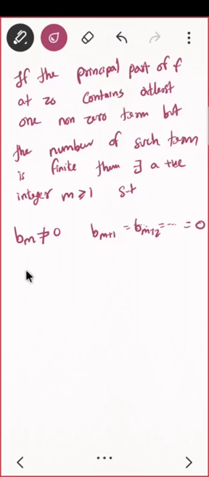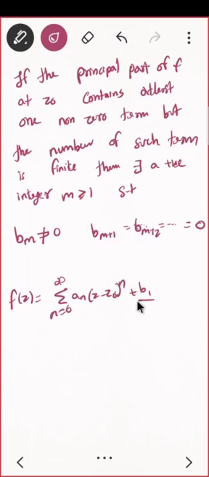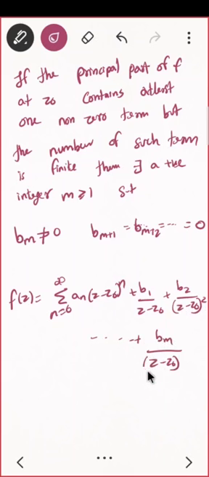So your expansion would be something like this: f of z equal to summation n equal to 0 to infinity a n (z minus z naught) raised to n plus b1 upon (z minus z naught) plus b2 upon (z minus z naught) the whole square, and so on. It will end at bm upon (z minus z naught) raised to m, and after that everybody is 0 here, correct?